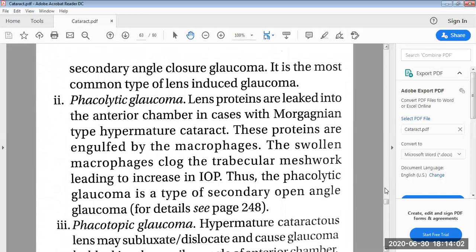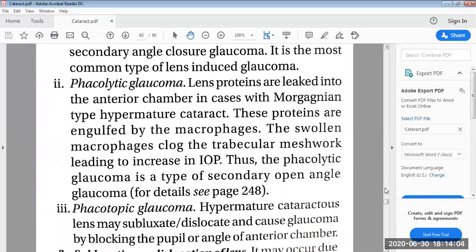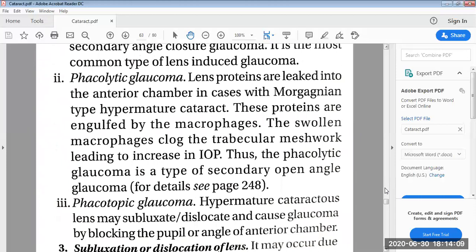The second type of lens-induced glaucoma is phacolytic glaucoma. The lens proteins are leaked into the anterior chamber in cases with Morgagnian type hypermature cataract. These proteins are engulfed by the macrophages. The swollen macrophages clog the trabecular meshwork, leading to increase in intraocular pressure. Thus, the phacolytic glaucoma is a type of secondary open-angle glaucoma.